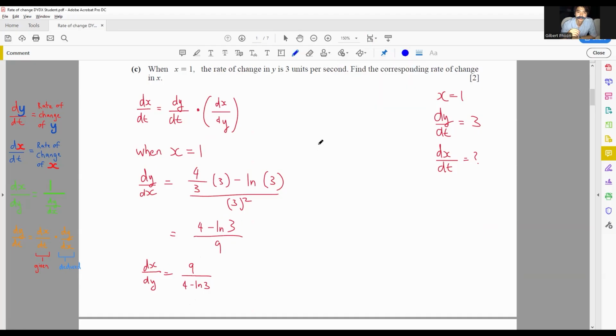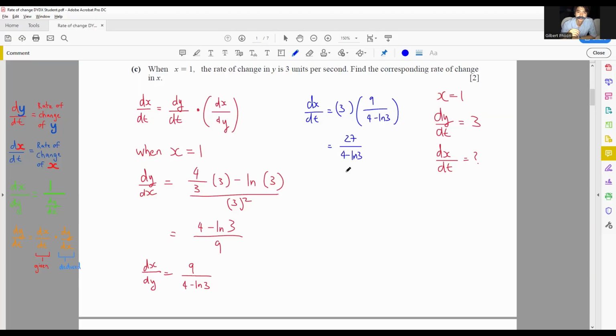Then finally, to find your dx/dt, dx over dt is dy/dt given here, 3, multiplied by dx/dy, which is 9 over (4 minus ln 3), okay? Which will finally give you 27 over (4 minus ln 3).